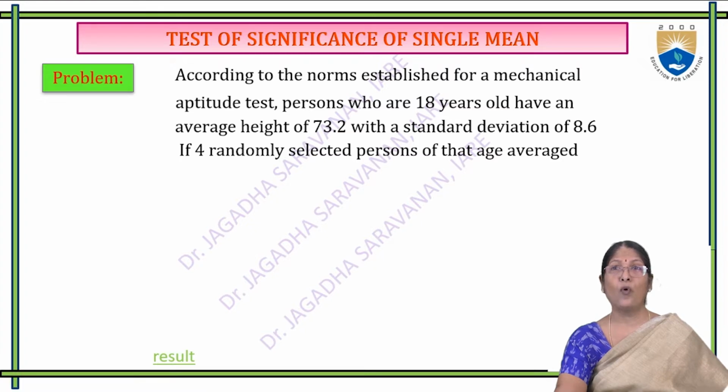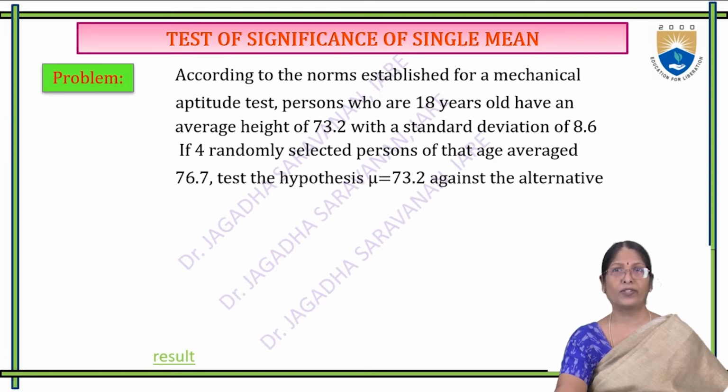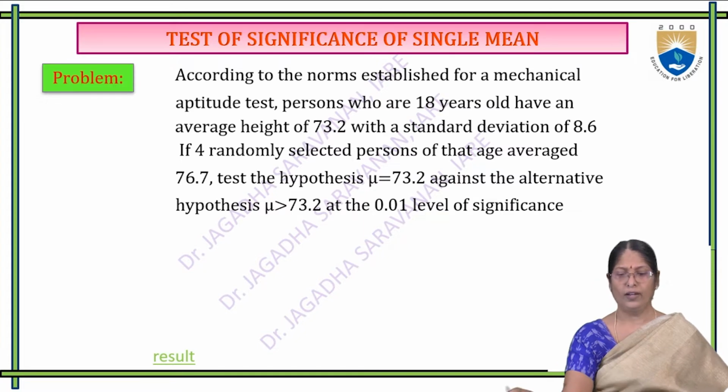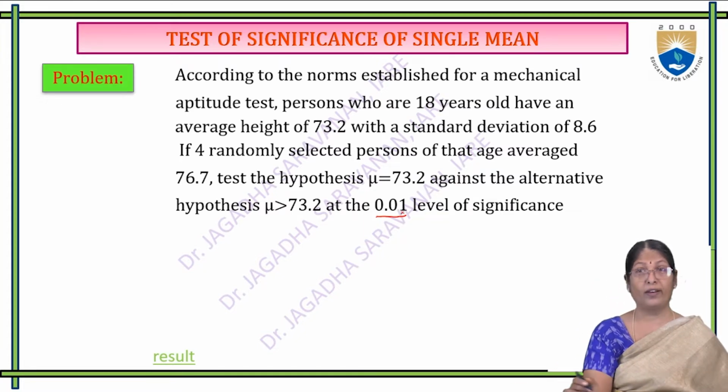If 4 randomly selected persons of that average 76.7, test the hypothesis mu equal to 73.2 against the alternative hypothesis mu greater than 73.2 at 0.01 level of significance. This point now is very clear.